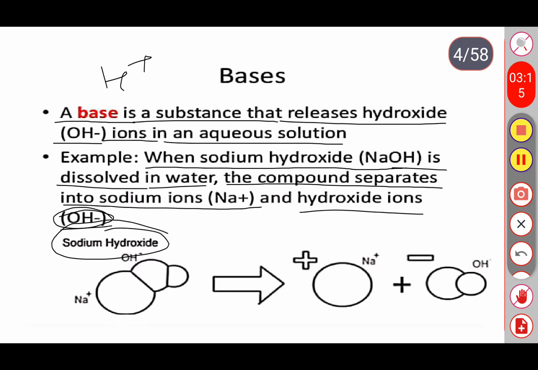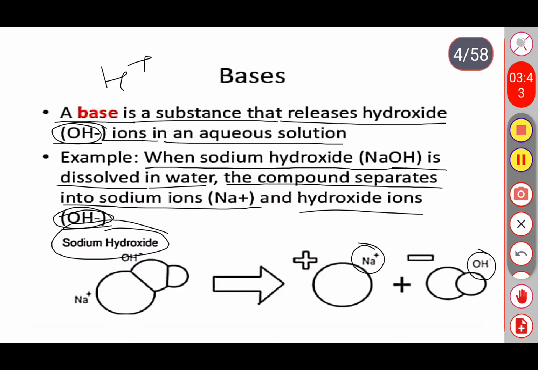So once it is dissolved in water, what it releases is sodium and hydroxide, the two components. Whenever a basic substance is dissolved in water, it releases the OH minus ions or hydroxide ions. These types of substances we consider as bases.